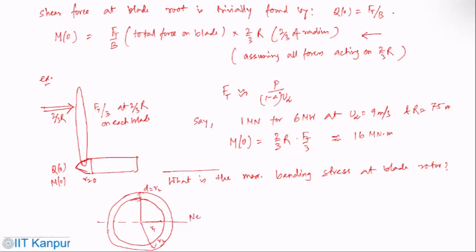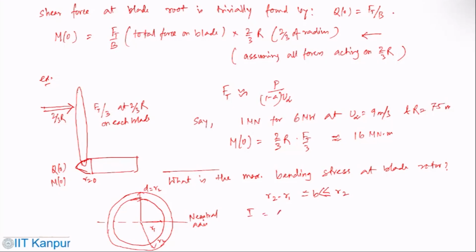This is your neutral axis. So here R2 minus R1 equals B, which is less than R2.